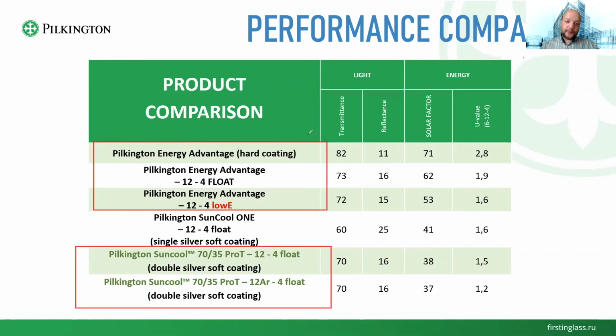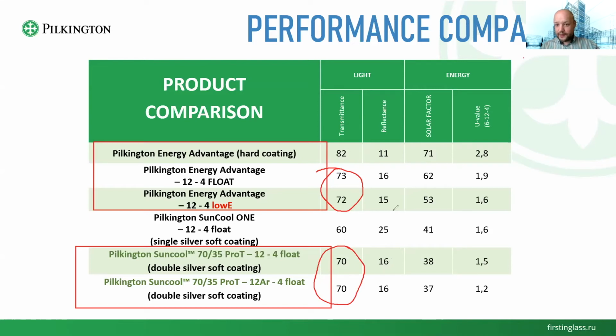Let us see. For example, if we are using an IG unit with the pyrolytic solar control glass, which might also have some low E, let us compare it with the double silver. As you may see, I've chosen products with a comparable light transmission.